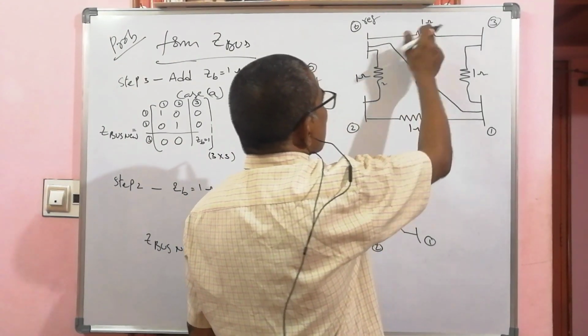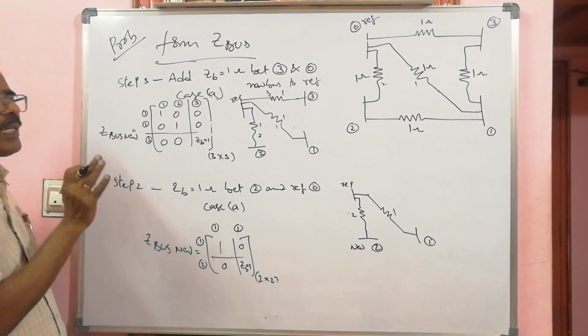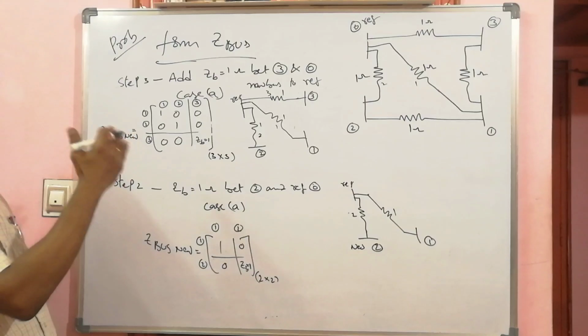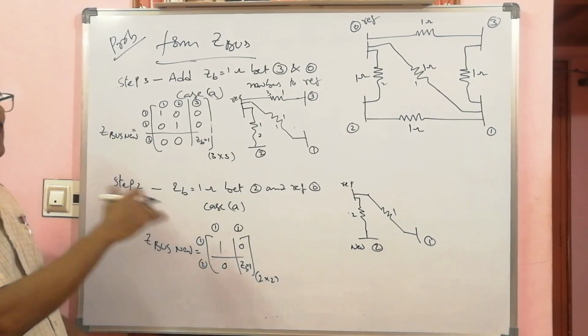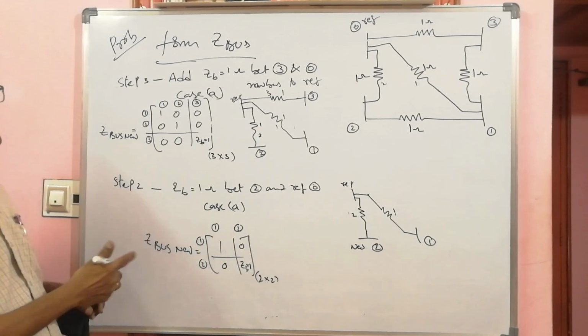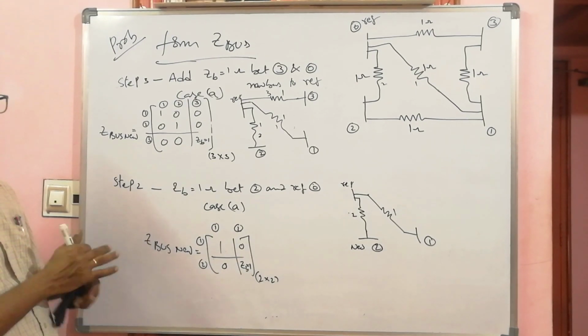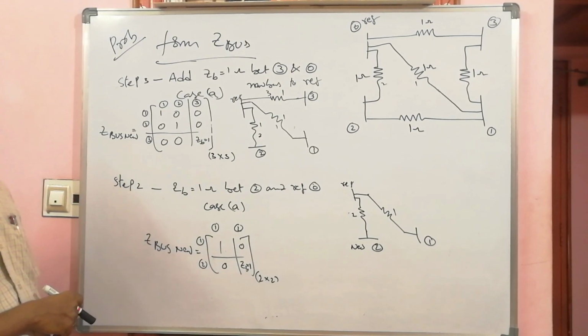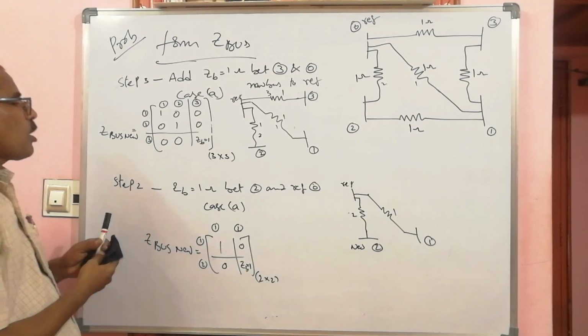So third bus to reference 1 ohm. So all these three cases are case A only, which means each time you are adding a new column and a new row with all 0 values, excepting the diagonal. Diagonal is ZB, as suggested by case A. So 3 steps are over.